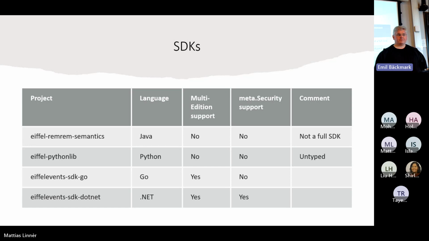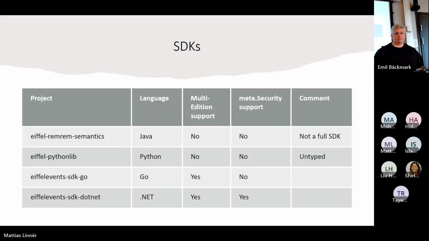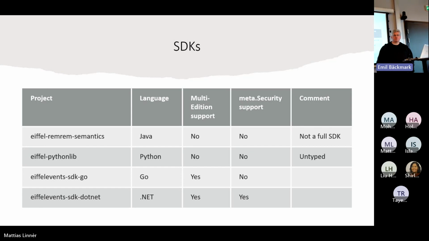Also, at least for REM semantics, I'm not sure if you can actually parse events into Java objects, but you can definitely go in the other direction. The Python lib can definitely be used for parsing, but on the other hand, it doesn't really parse into high-level objects. Everything is just a nested dict anyway, so it's not super convenient to work with.